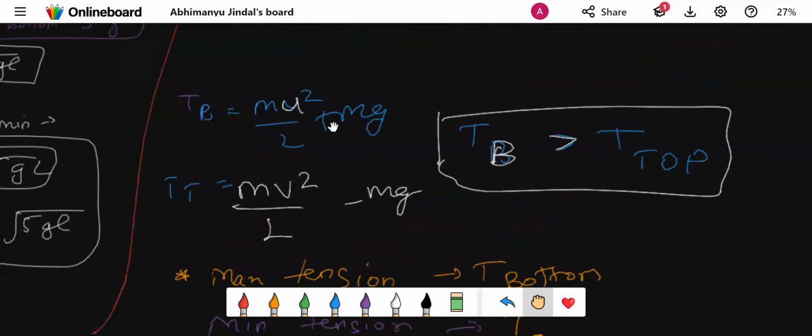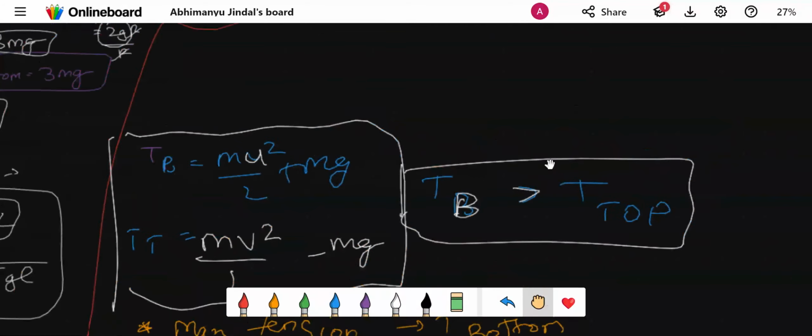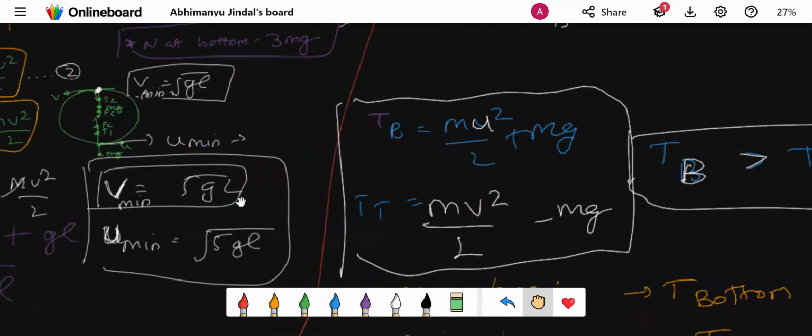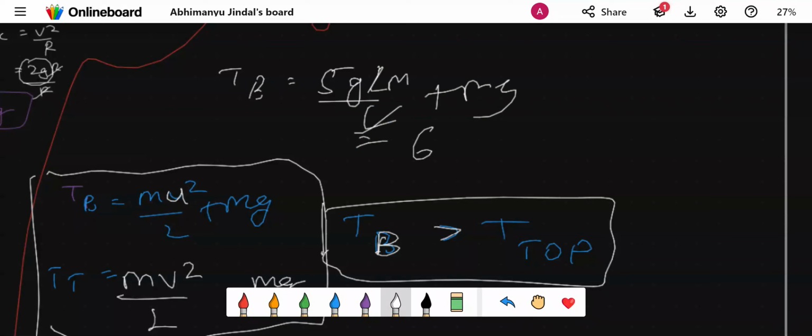Now you guys see the expressions for tension at the bottom and top. Just substitute U and V here and find the minimum tension and maximum tension. So tension at the bottom, U was root 5GL, so m times 5GL by L plus mg. L is gone. 6 mg is my maximum tension.